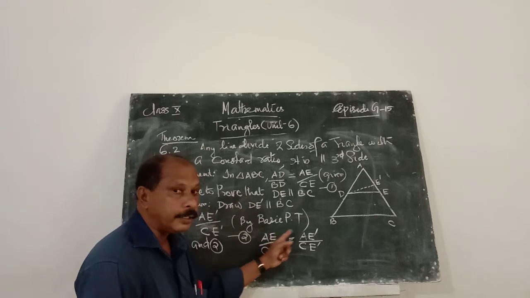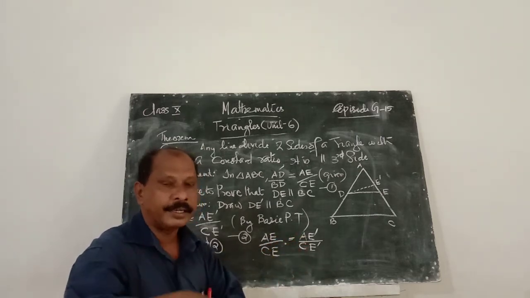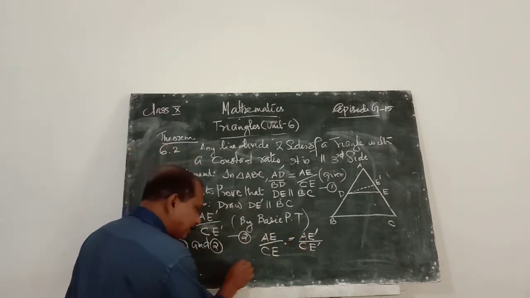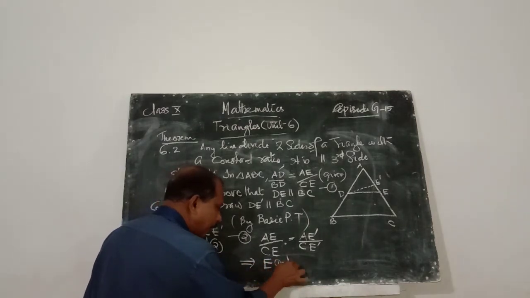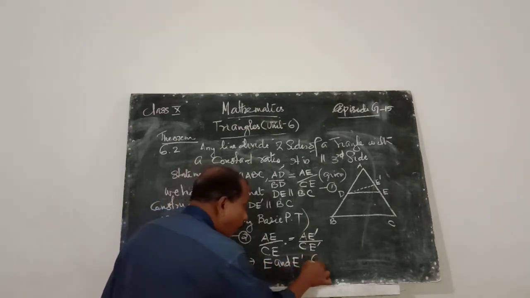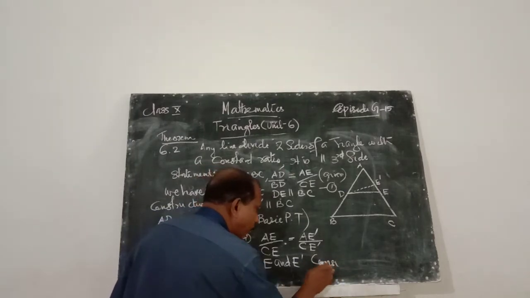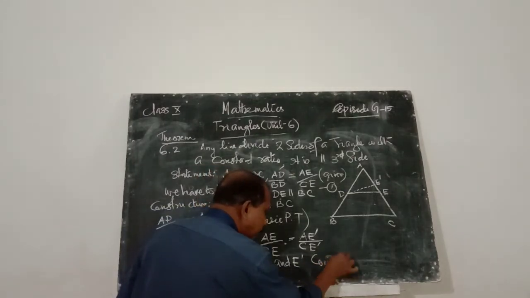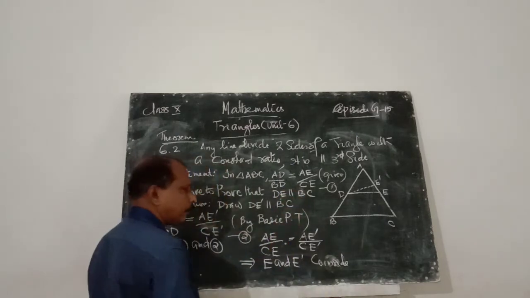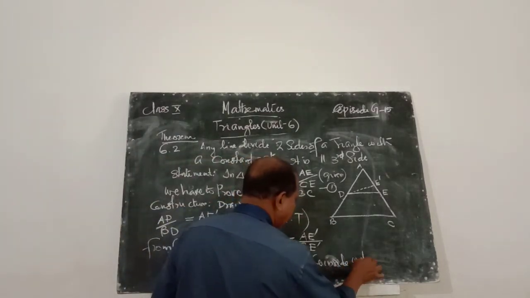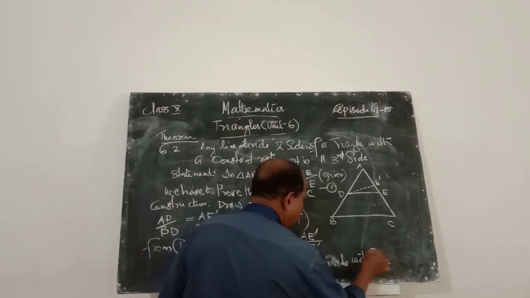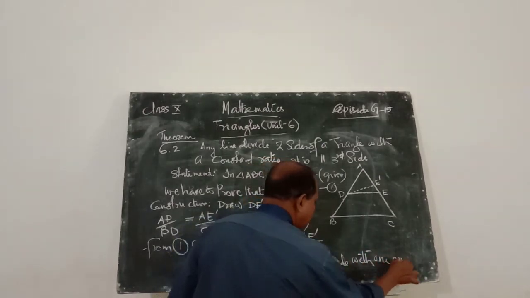This implies that E and E dash coincide with one another. What do you mean by coincide? That is, two points join with one another.